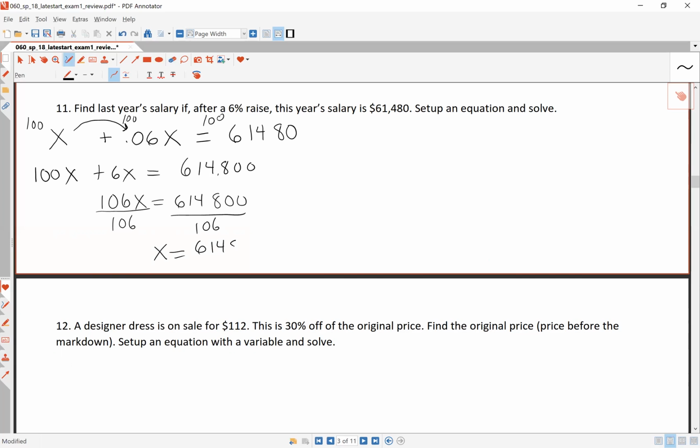We have 6,148,000 divided by 106. And that's $58,000. $58,000.